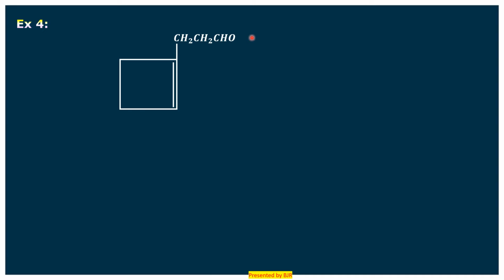For that reason the side chain is taken as the parent chain, and here the CHO group is there. It is one of the carbon terminating functional groups. At that time the carbon atom in that functional group must be given serial number 1 while numbering the parent chain. So 1, 2, 3, and this ring is treated as the substituent.